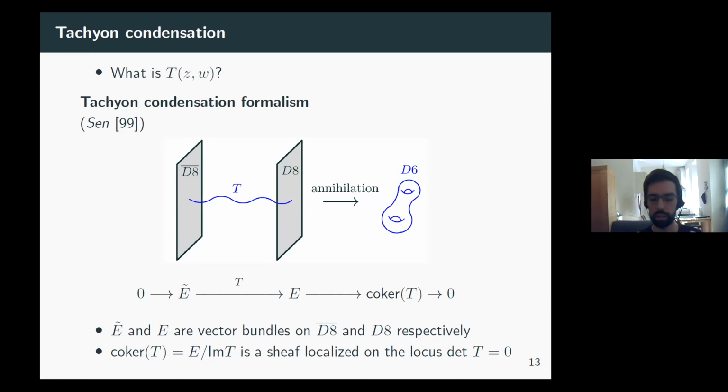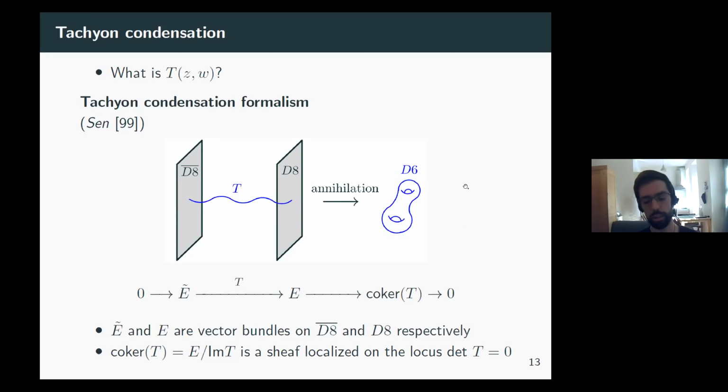Physically, this means that the tachyonic strings signal the fact that the system is unstable. And so what happens is that the D8 and anti-D8 brane stacks collide and annihilate. If the tachyonic matrix is of some specific form, there can be some D6-branes left over after the annihilation, as you can see here on the right.